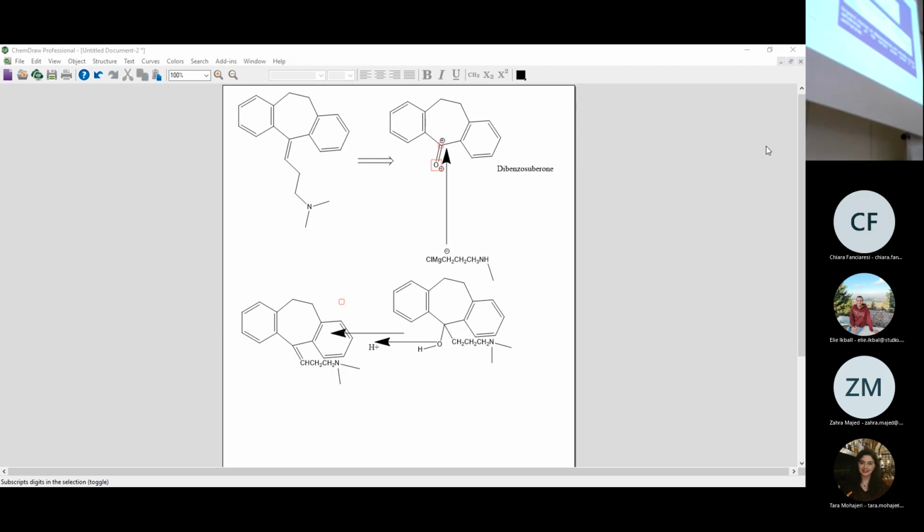Yes, but there is also a problem related to the use of these drugs. If you remember, we have seen some drugs able to increase the concentration of particular neurotransmitters.